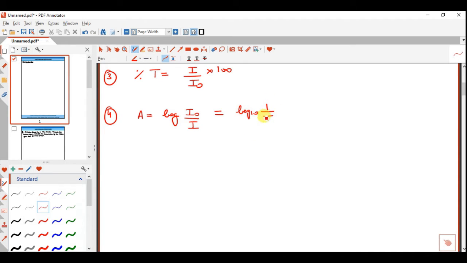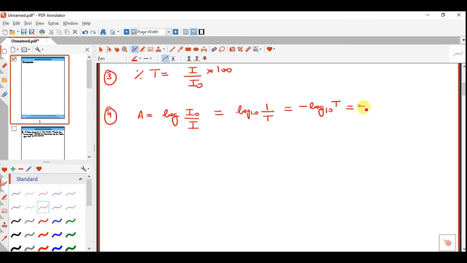Using logarithm properties, since transmittance is in the denominator, I can write it as minus log 10 T, putting a minus sign and moving transmittance to the numerator.